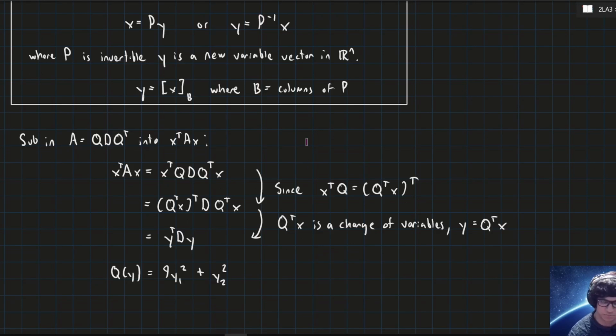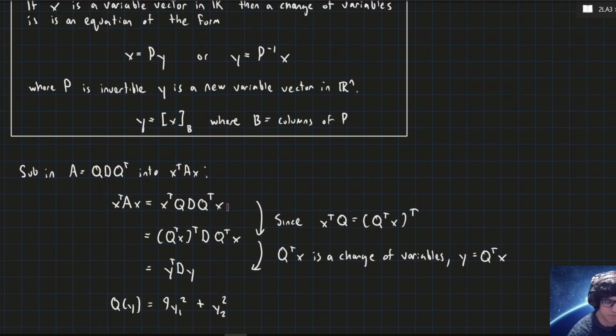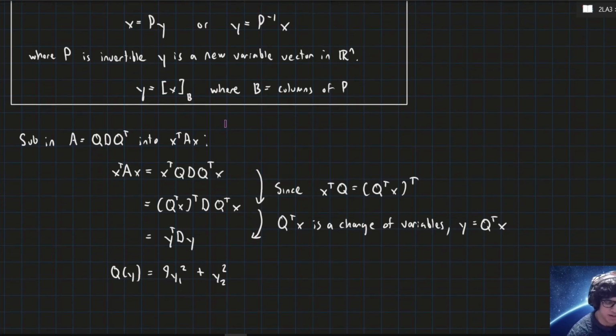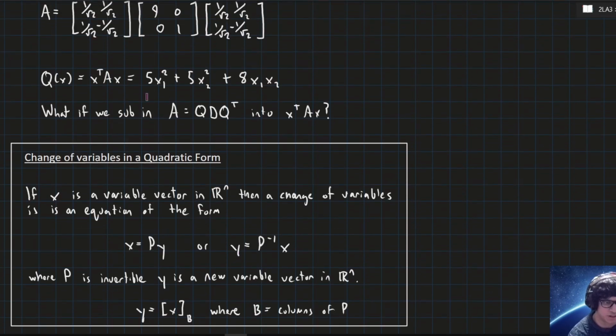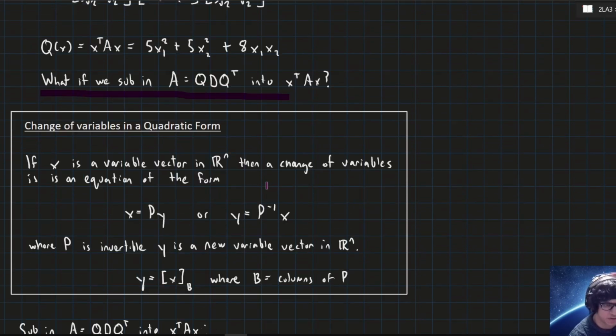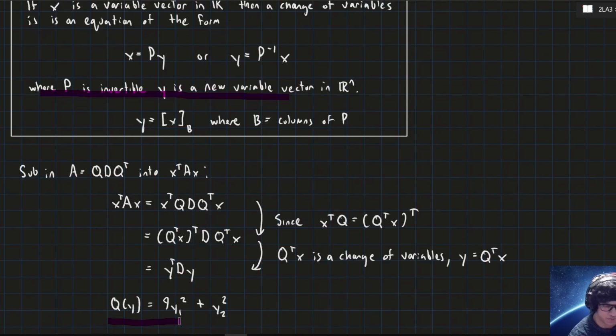So what was the point of that? What did that tell us? It tells us that we can make a change of variables from x to y using Q as the matrix connecting them, and it turns this quadratic form into this quadratic form.